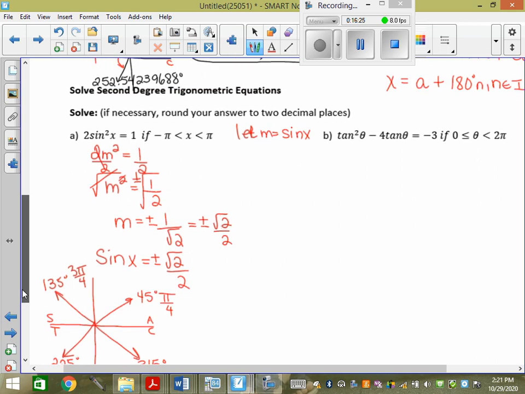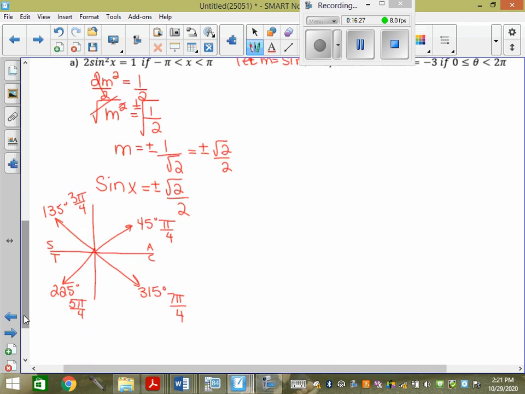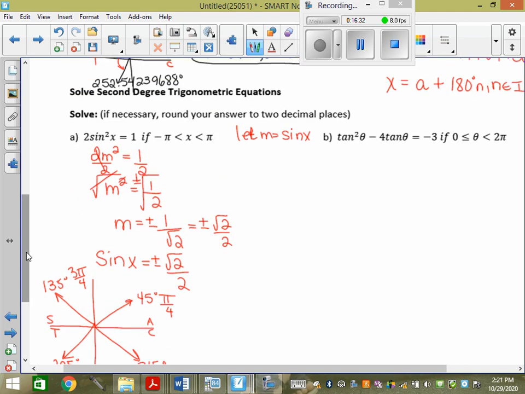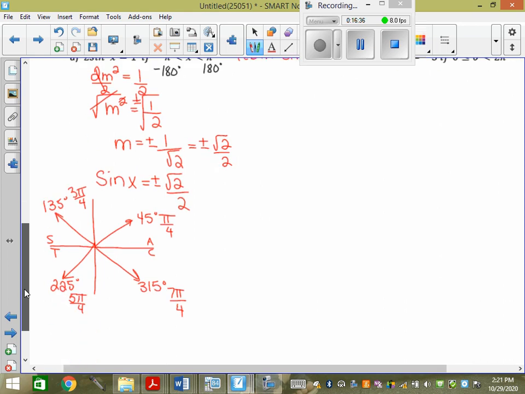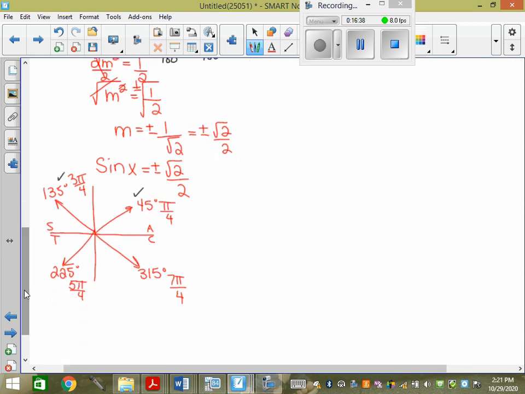They want me between negative π and π, right? So negative π and π is negative 180 and 180. Well, these are too much, right? So if I take their coterminals, they'll actually be just right. If I take these two coterminals, they're going to be bigger than negative 180.